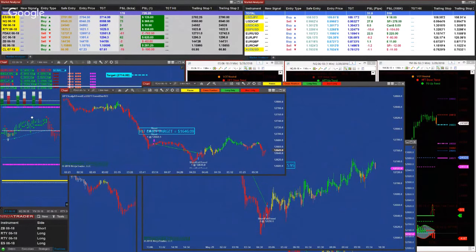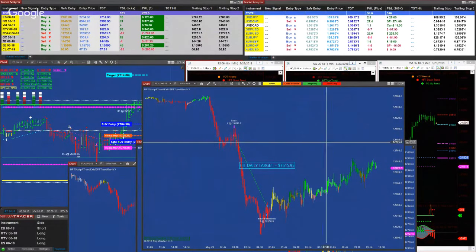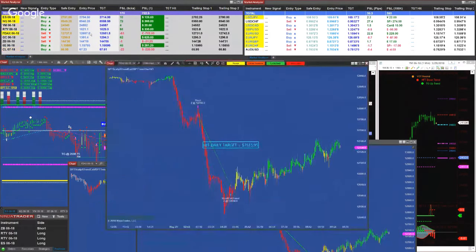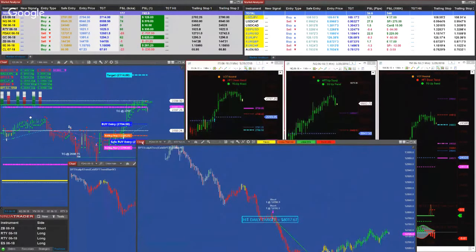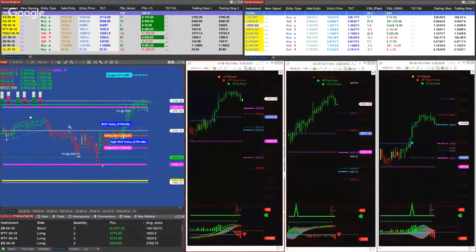So this is the DAX, and during the hours also, I will show you some different trades as well. So right now we are flat, and I will be starting all over again with 1 minute based on the chart.